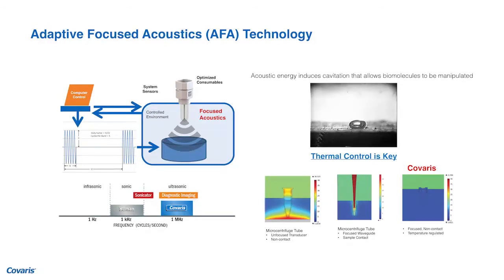This video illustrates how AFA induces cavitation in the sample. Cavitation bubbles will appear, grow, and finally collapse, thus releasing a shearing force to the sample. Altogether, this allows us to maintain isothermal conditions in the sample and to provide reproducible results.